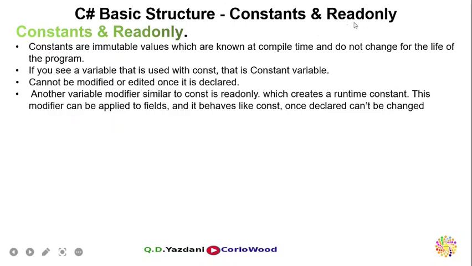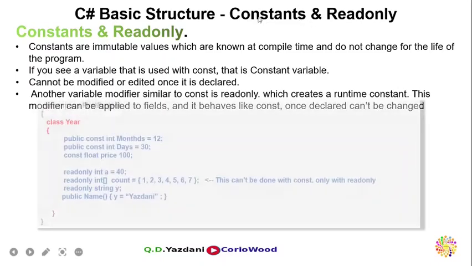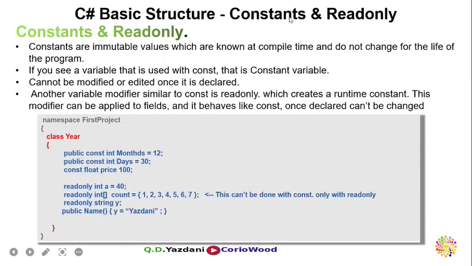This second one creates a runtime constant. This modifier can be applied to fields, and it behaves like a const. Once declared, it cannot be changed. So there is a very fine line between constants and readonly.